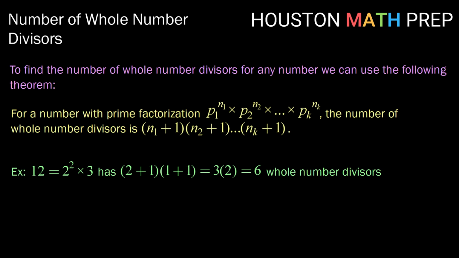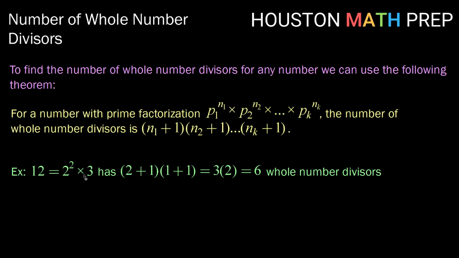So let's take a small example. For example, 12. 12 has a prime factorization of 2 squared times 3. Now 3 doesn't have an exponent showing, so we know its exponent is automatically 1.